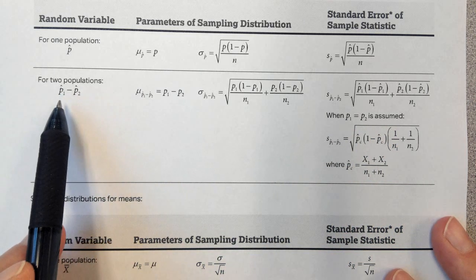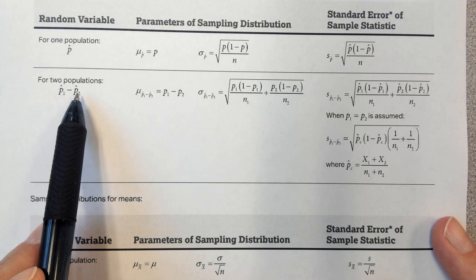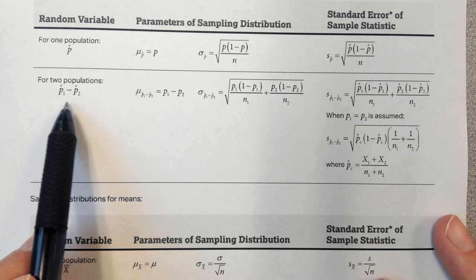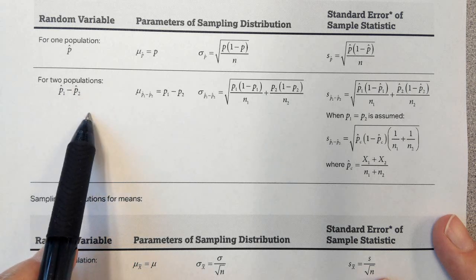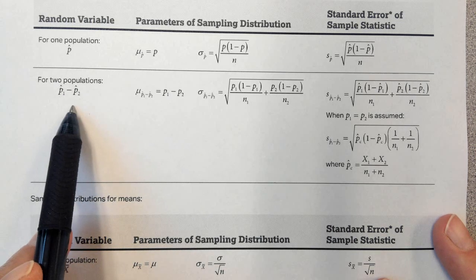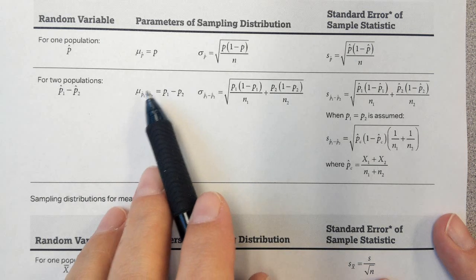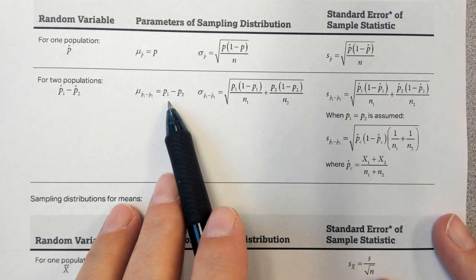So if I wanted to compare two percentages from two separate populations, then my sample statistics difference would be p hat number 1 minus p hat number 2, which might be p hat for females minus p hat for males. We may use subscripts that help us keep up with what our populations are. When we find the mean of the model, it's going to be the difference in the true proportions.